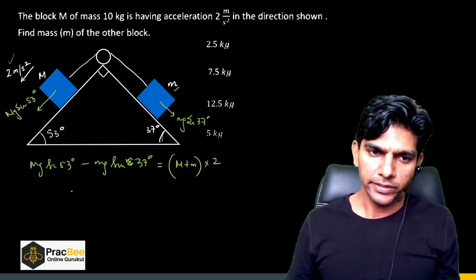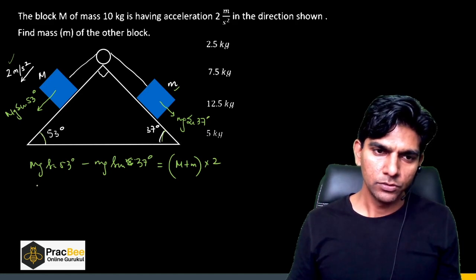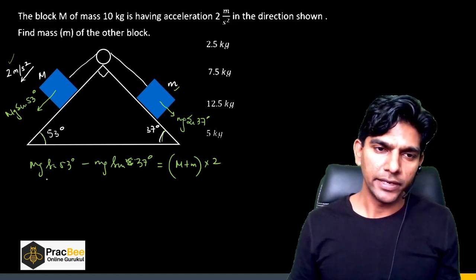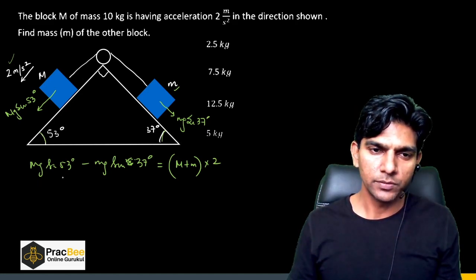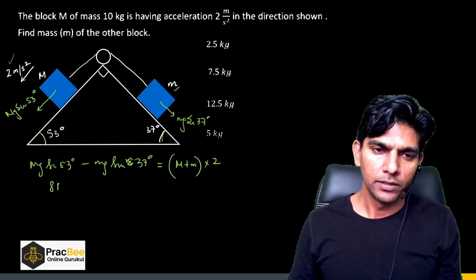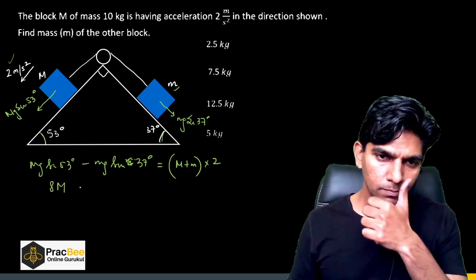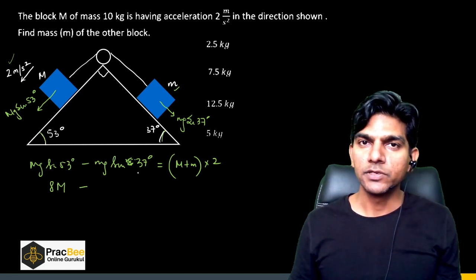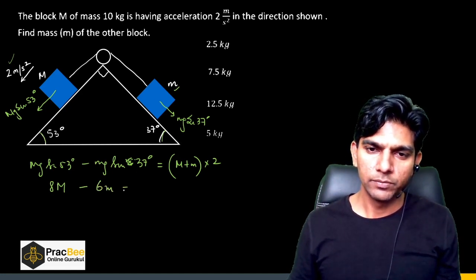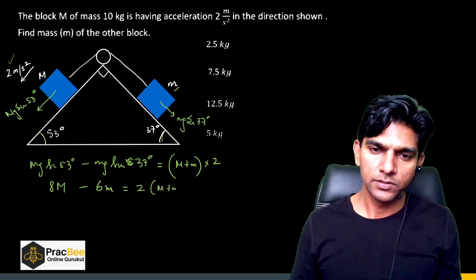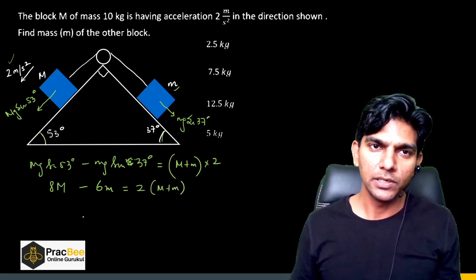Now we can simplify this. So I'm taking g as 10. So sine 53 is 0.8. So this will be 8M minus, and sine 37 is 0.6, so this will be 6 small m, equals to 2 times M plus small m. So let us substitute the value of capital M, which is 10.